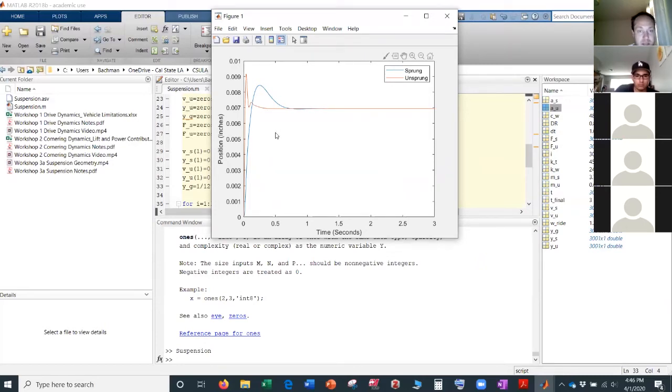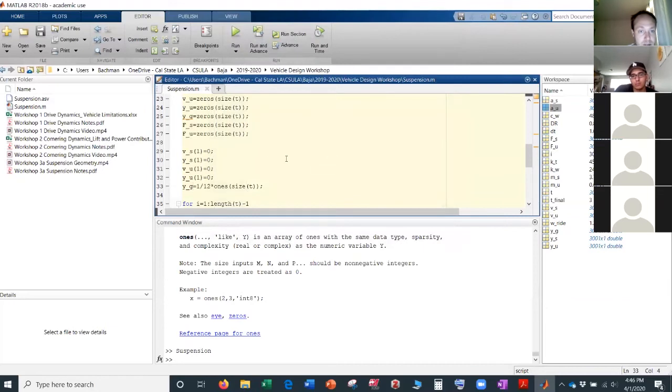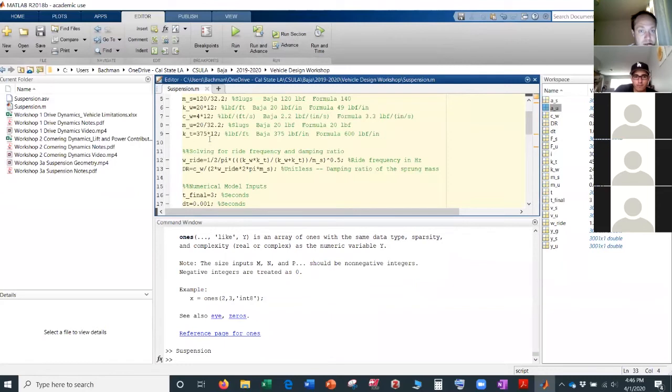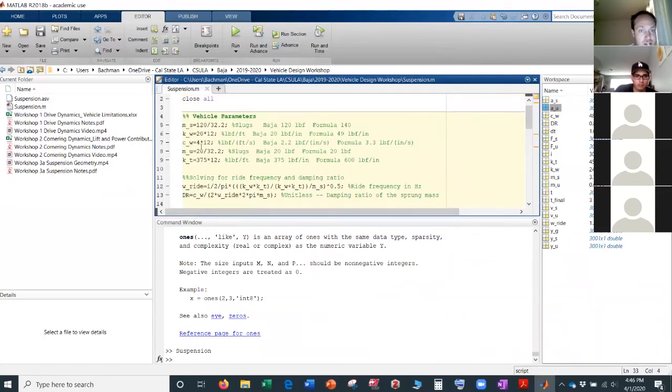I was kind of expecting this. I was expecting both to jump up by 1 inch. Right? Like, so if you hit a 1 inch bump, eventually everything should just be 1 inch higher, basically, right? So there's something up with, so this position is good. The stiffness, good. This is good.